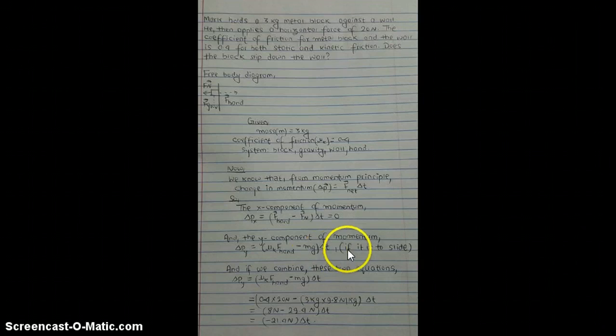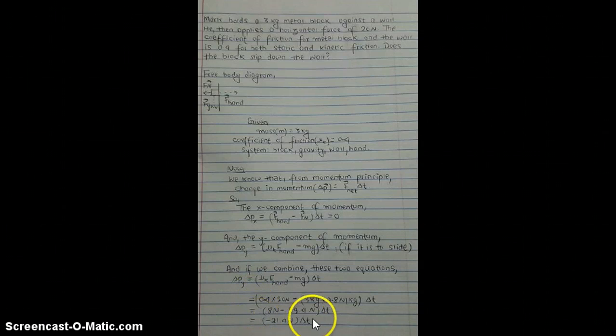This is the case when the block is considered to slide down, so we can use this equation here. When we combine these two equations, we get the change in momentum of the block in the y direction, and after substituting the values, we get a value of minus 21.4 Newton times delta t.